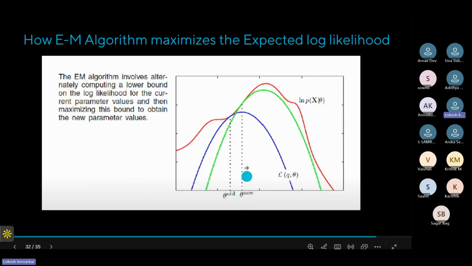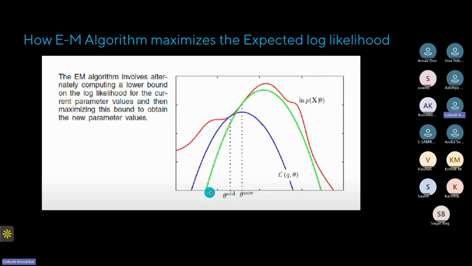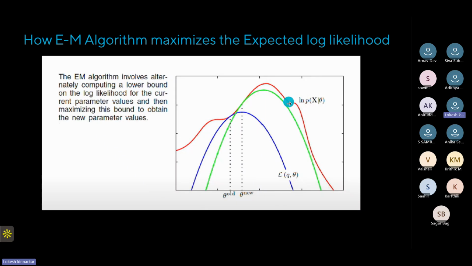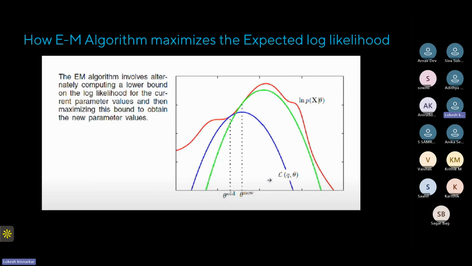And once you update psi on these new model parameters, you will observe that you get this green distribution. And this green distribution is tight at this particular point, which means that we have achieved closeness to the actual log likelihood. Since you can see that the log likelihood is increased once we update the model parameters, it is helping us to reach the true convergence in a much more efficient way.